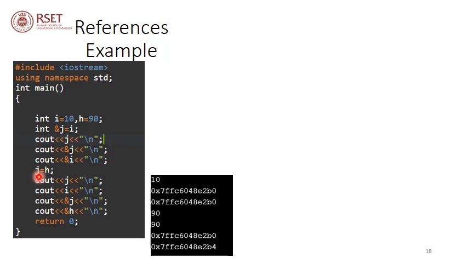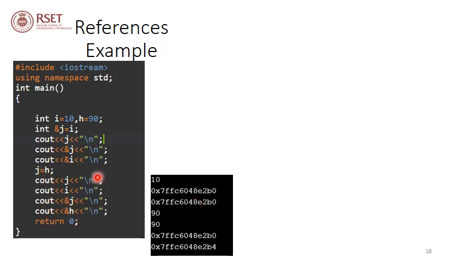So j is actually another name for i. The location where j and i point to, at that location, the value of h will be stored. That means if you do cout j now, it will print 90, and if you do cout i now, it will also print 90. Just to clarify whether j's memory location has changed, I am printing the address of j and h.